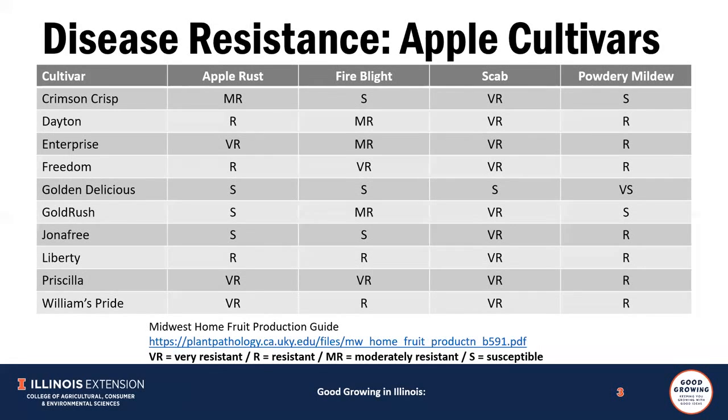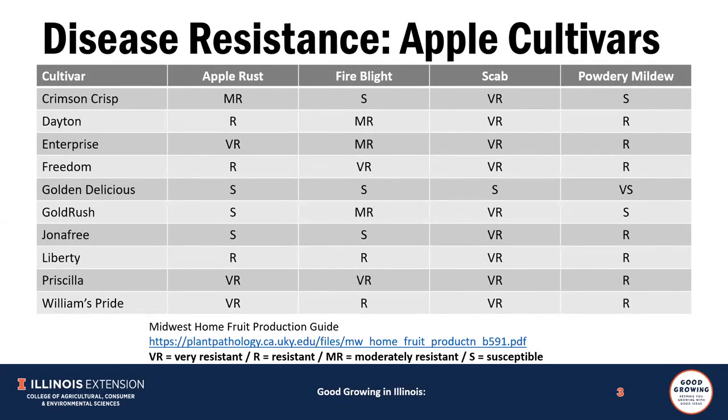And so we have listed here apple rust, fire blight, scab, and powdery mildew. And you see that there are differences among the types of diseases that particular fruit are susceptible or resistant to. And so if you pick Golden Delicious, maybe you like a Golden Delicious apple, but it is particularly susceptible and very susceptible to powdery mildew.